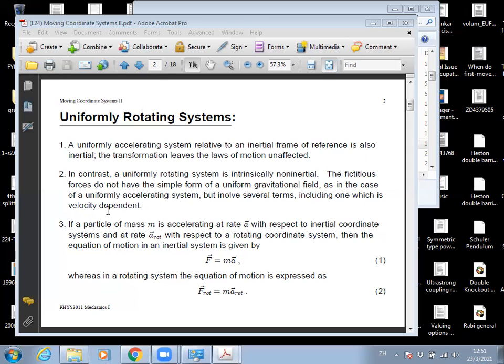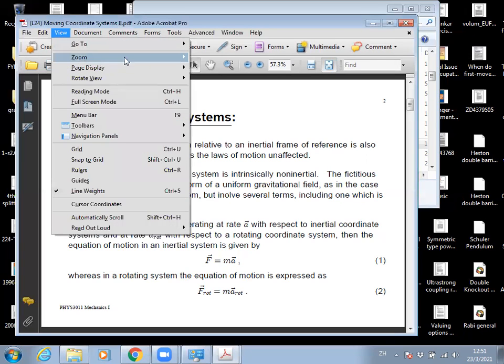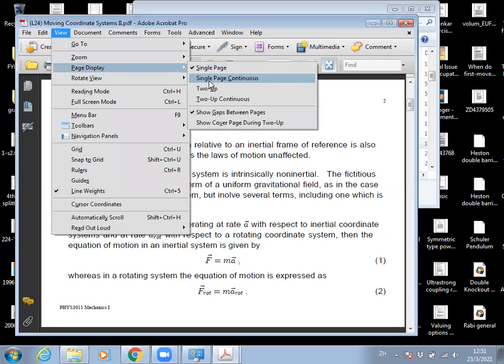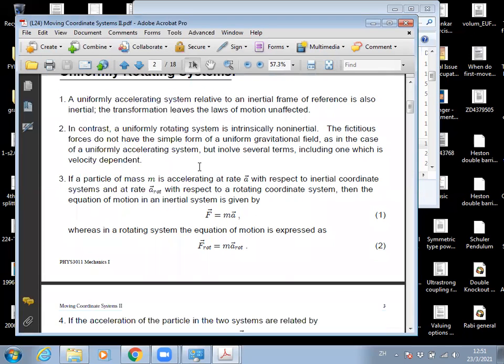Okay, if a particle of mass m is accelerating at rate a with respect to the inertial coordinate, and at the rate a rotational with respect to the rotating coordinate, then the equation of motion in the inertial frame is given by this expression, F equals m a, in equation 1.